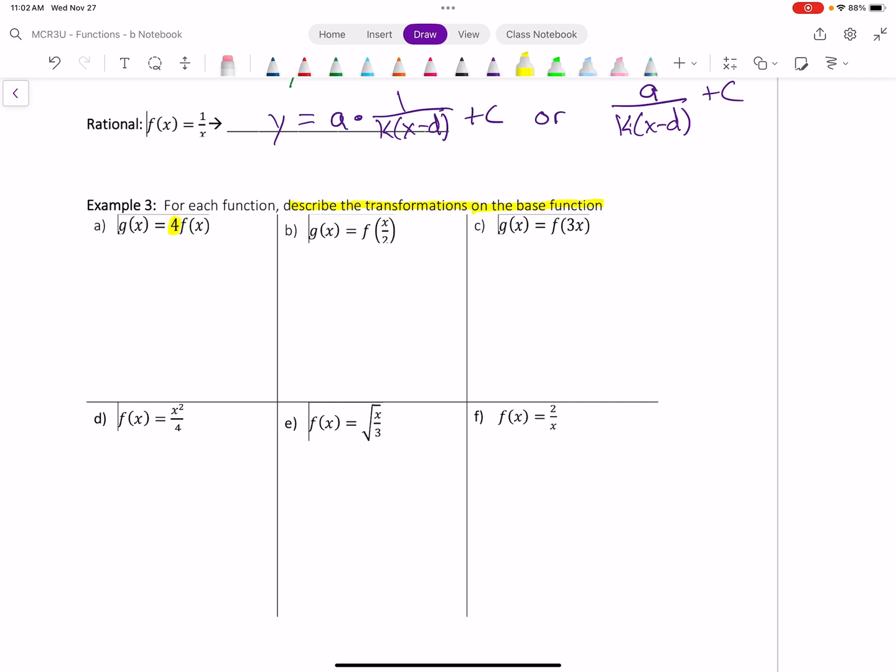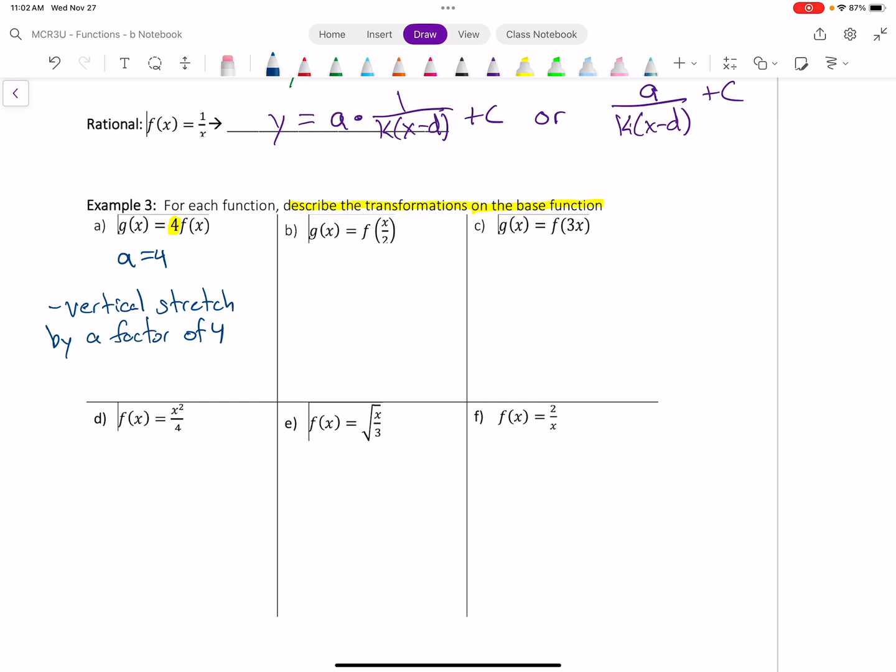But if I throw a 4 in front, and it's not inside the brackets, and it's multiplying, it's really 4 times the original function f(x). This makes this an a value. I could describe this as a vertical stretch by a factor of 4. Easy.